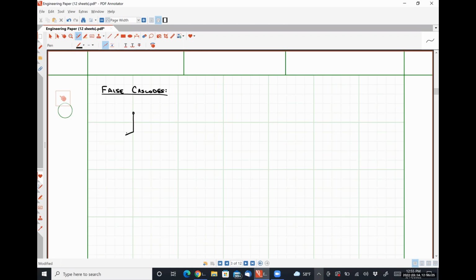So let's say that we have an NPN current source, and it is degenerated with a PNP current source, where this is Q1 and this is Q2. Here's our output resistance.